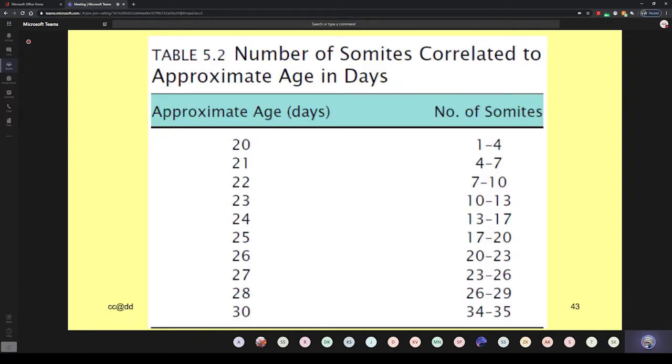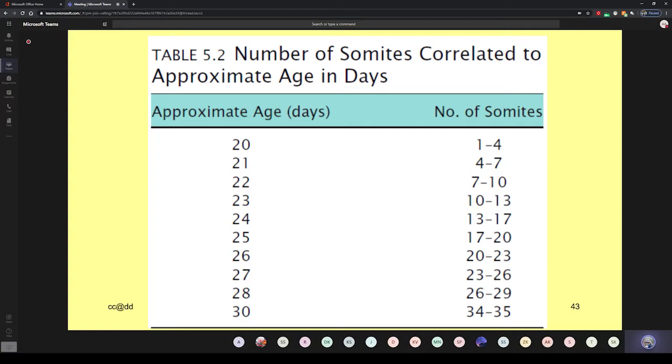One importance is for the embryologists, the fetologists, the people studying all these: the age of the embryo. This table may not be asked, but sometimes these come in MCQs.